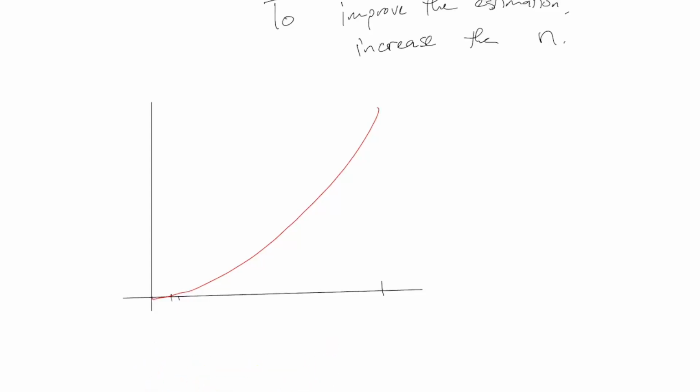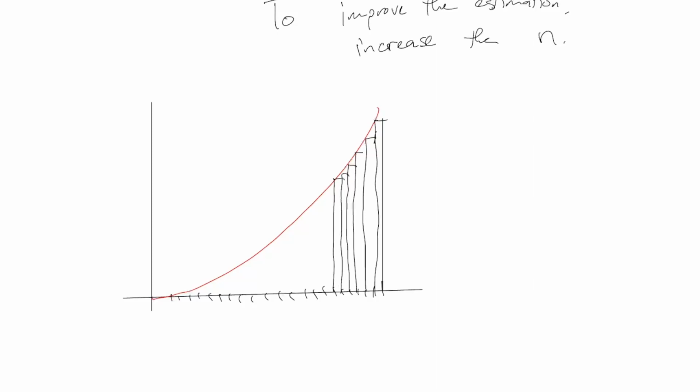I'm gonna go nuts here and make, I don't know how many this is, but maybe about 20 rectangles. Look how close the rectangle area is to the original curve area. Let's say I'm gonna hit them on the left side. They look like this, right? Now it's still an underestimation because these rectangles don't quite fill up the whole area, but the amount that they're missing is actually very small, right?